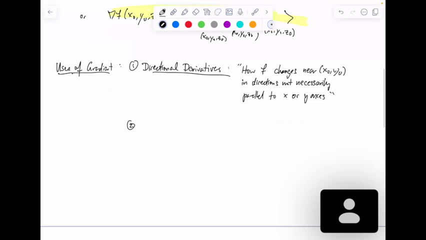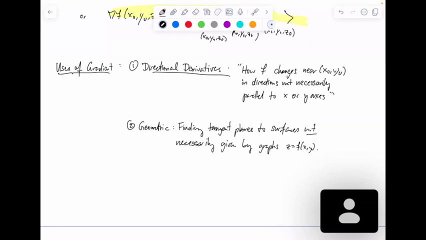The second use is geometric, and this is finding tangent planes to surfaces not necessarily given by graphs. Remember that where we left off, we found what a linear approximation was. If I have a function of two variables, this is its graph, and I can find the linear approximation of f near some point.